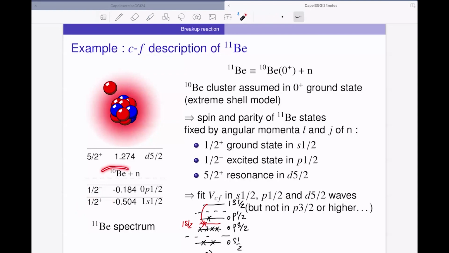Above the 1 neutron separation threshold, which is here, you have a 5/2 plus resonance, which you can also describe as a d5/2 neutron, not bound, but interacting with the beryllium-10 core.